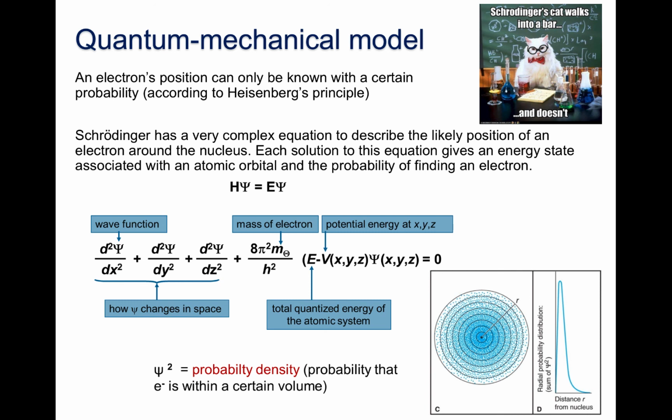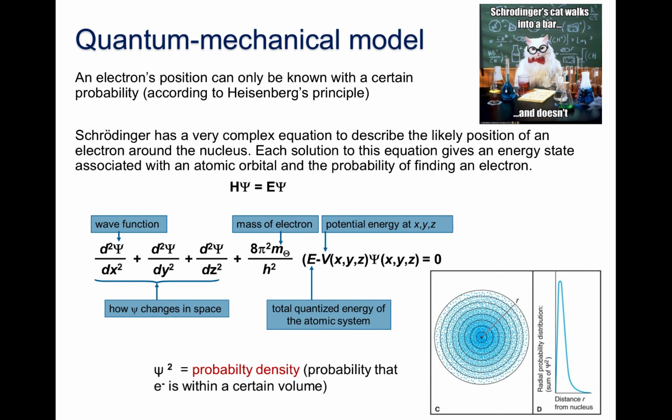But the quantum mechanical model about the electron's position, we know from Heisenberg uncertainty principle that we can only know the electron's position with a certain probability, meaning we don't know for certain where it is. And Schrödinger came up with a very complex equation to describe the most likely position of electrons around the nucleus.